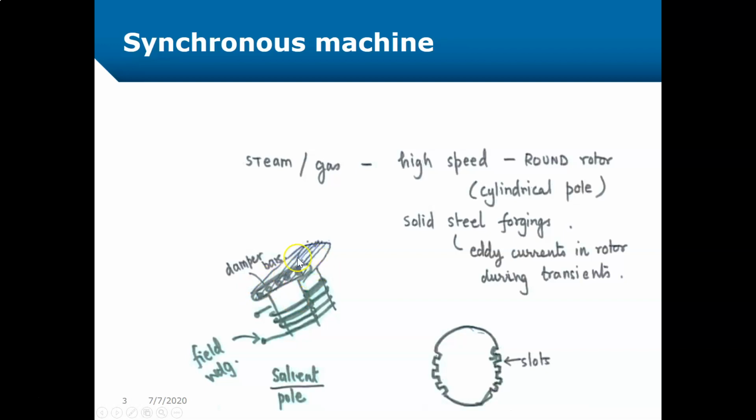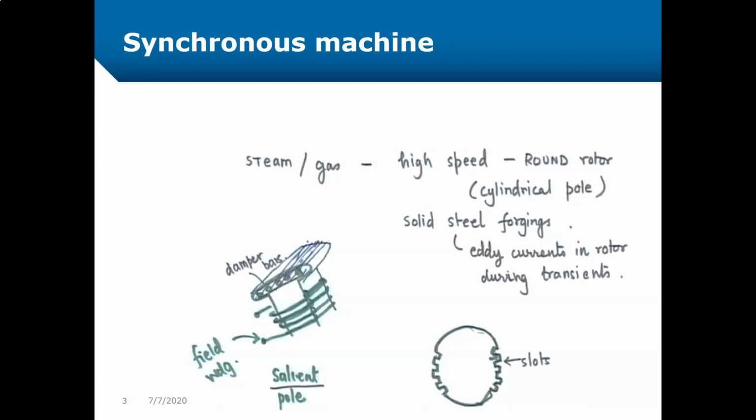The damper bars are short-circuited, and it's actually the same as a squirrel cage in an induction machine. The basic function of these damper bars is to damp out transients.